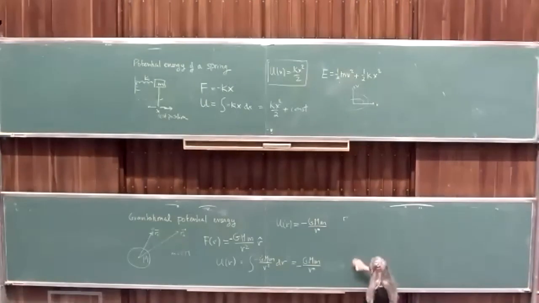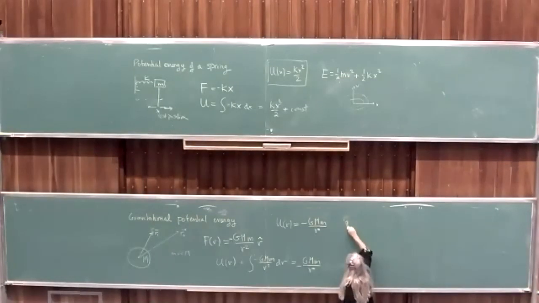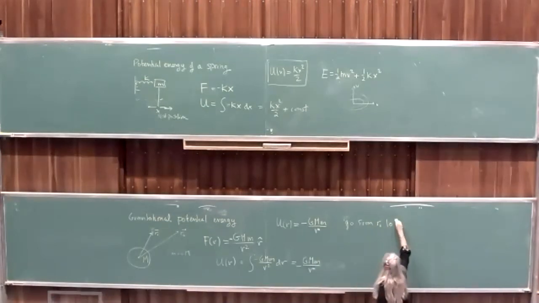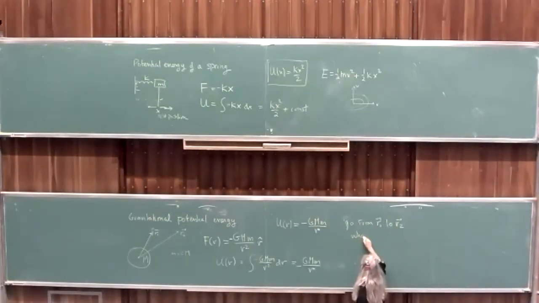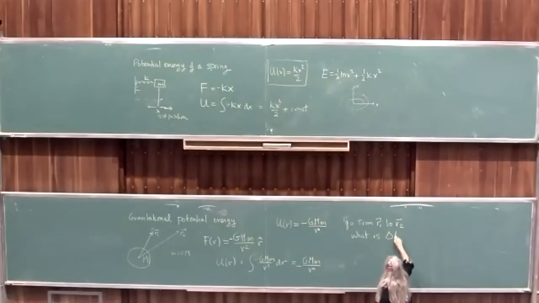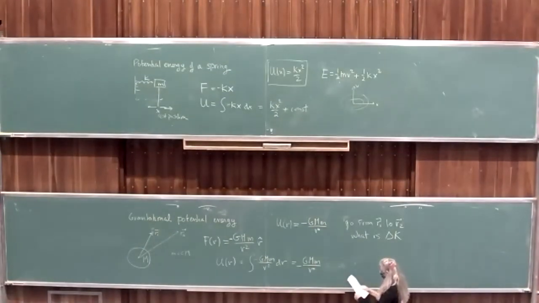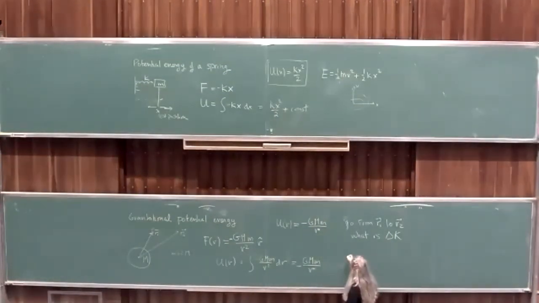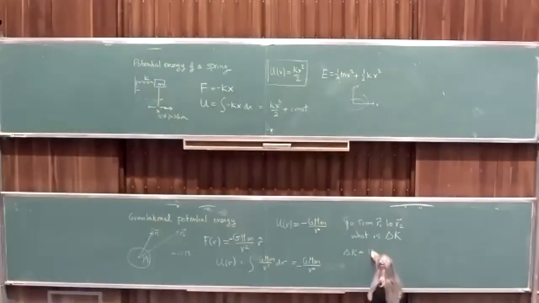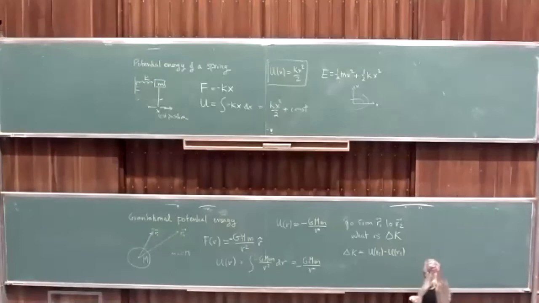Okay, so we can now answer our question. If we start at R1 and go from R1 to R2, what is delta K, the change in the kinetic energy? It's just going to be the difference in potential energy. So delta K is going to be minus U of R2 minus U of R1, with a minus sign because energy is conserved.